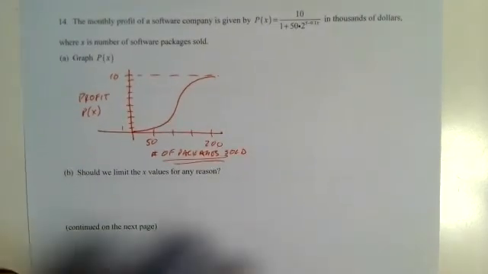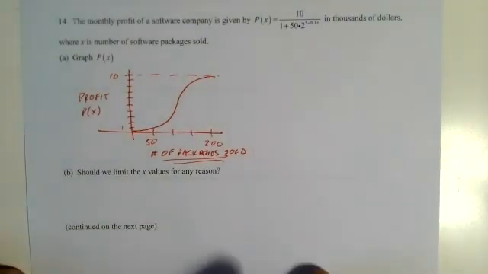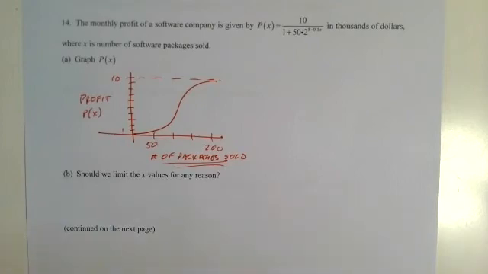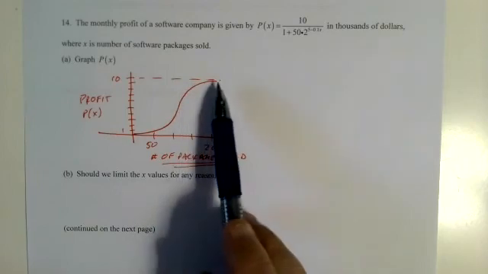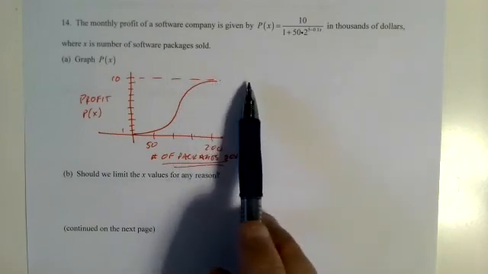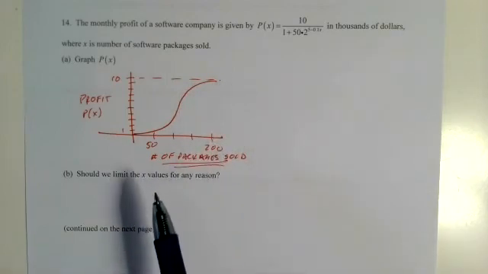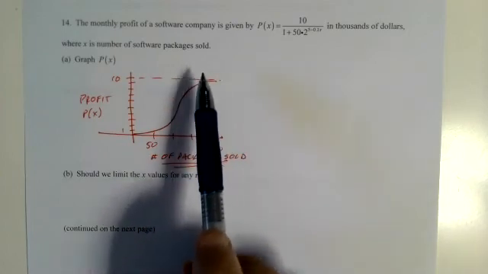There we go. Should we limit the x value for any reason? What I just said, you can only sell so much. If you keep selling them, at some point you're just kind of wasting time. You're not making a ton more profit. You're spending money to get these. I mean, your profit is minimal at that point.